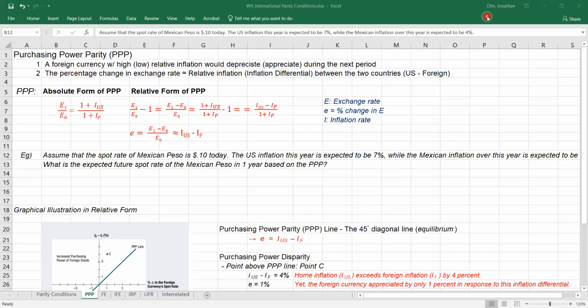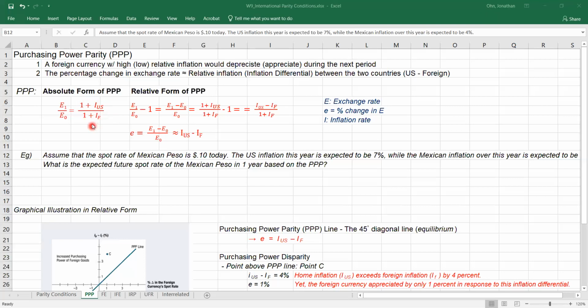That we understand. And the percentage change in exchange rate should be equal to the relative inflation between the 2 countries. That one we did not cover yet. Based on this idea, the purchasing power parity model, the complete form is this one here. E1 over E0 is the foreign currency exchange rate, the British pound. The change is (1 plus I_US) over (1 plus I_F), where F is the UK.